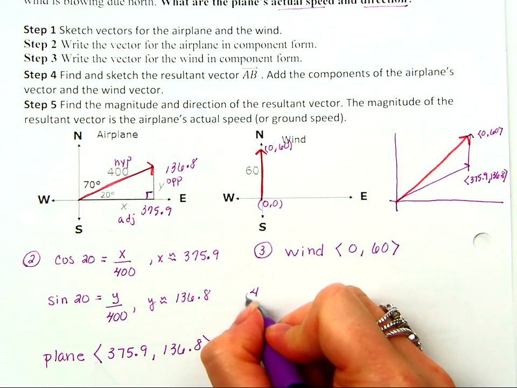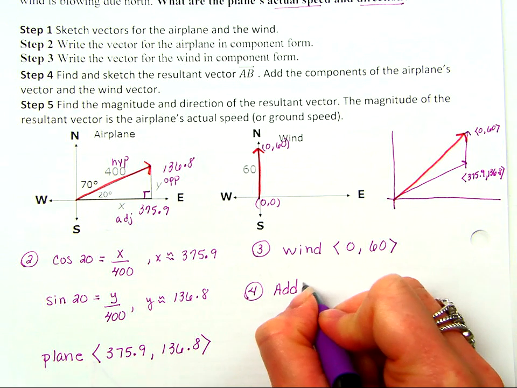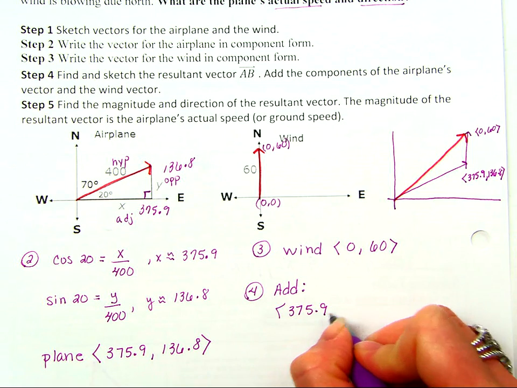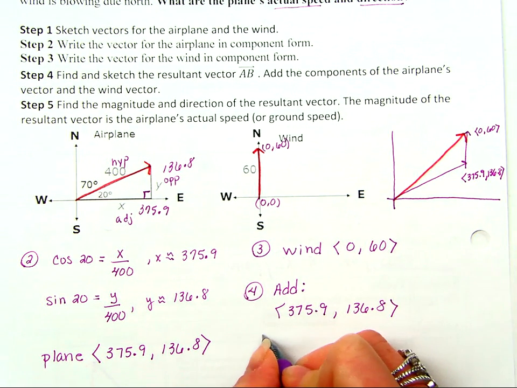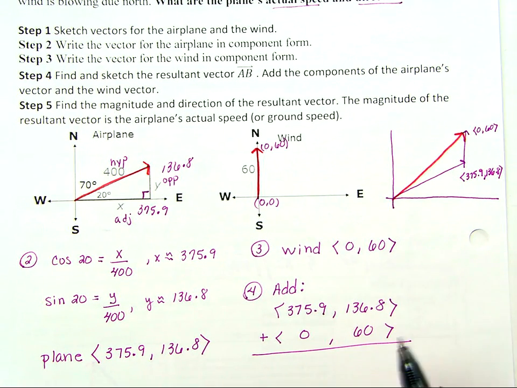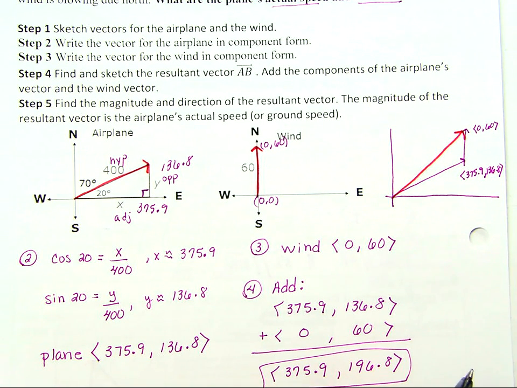So in step number 4, we're going to add our 2 vectors together. We are going to take 375.9, 136.8, and we're going to add our 0, 60. This right here is our resultant vector.